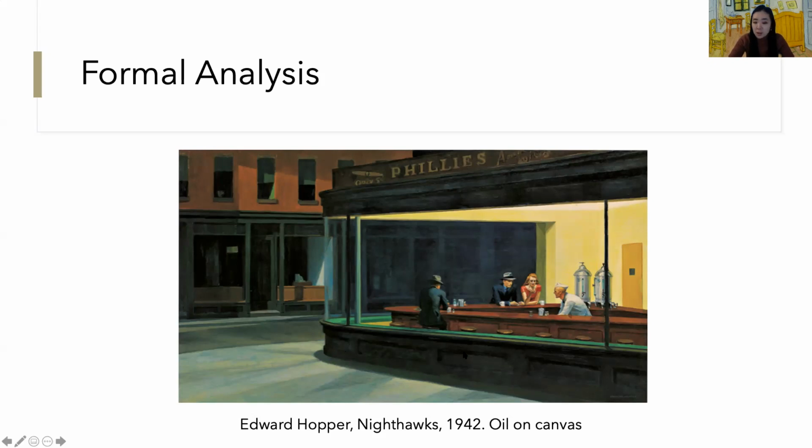Like this, I just focused on the composition and colors and the feeling from the work of art, right? So we can guess the story of the work of art based on the formal analysis as well.